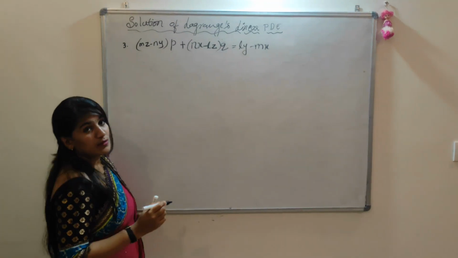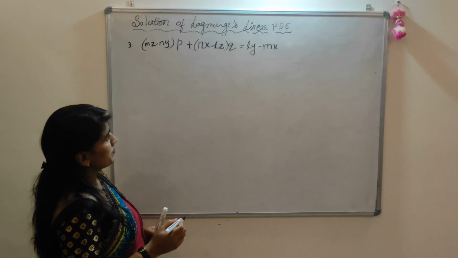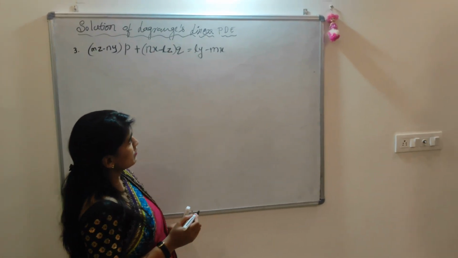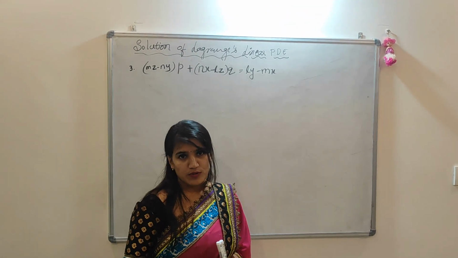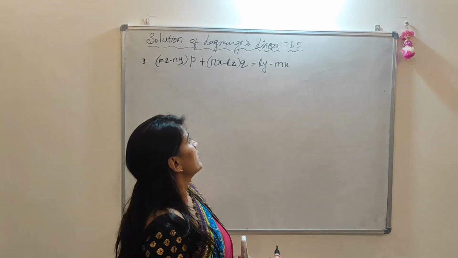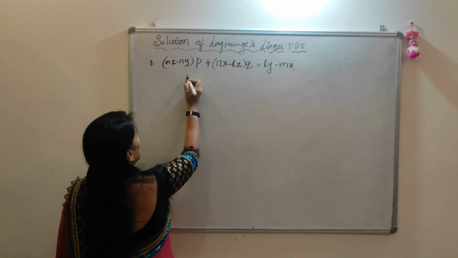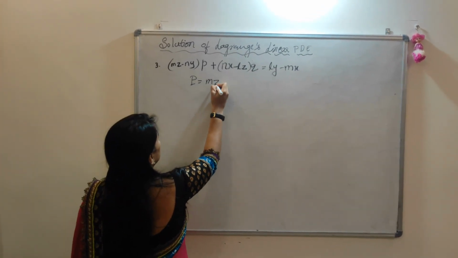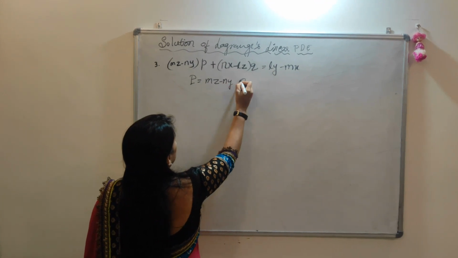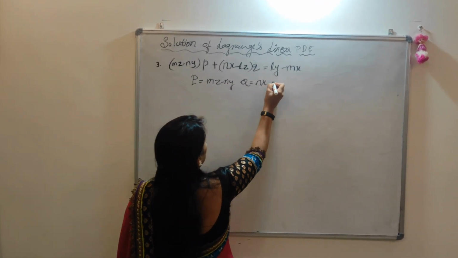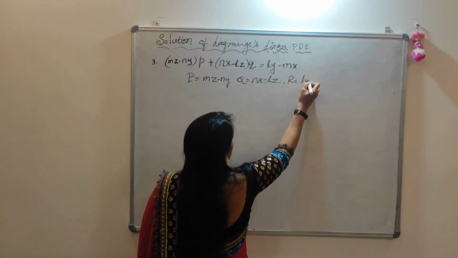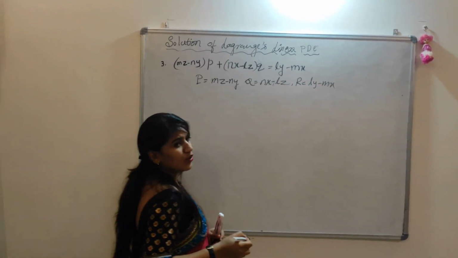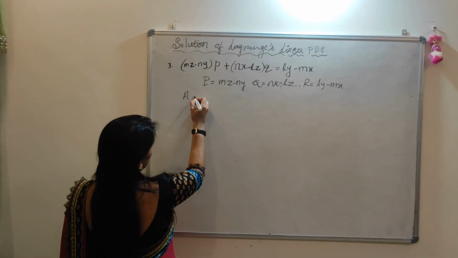In this problem, see the problem, (mz minus ny)p plus (nx minus lz)q is equal to ly minus mx. It is in standard form of Lagrange's linear PDE. So, capital P coefficient is mz minus ny, capital Q is nx minus lz, then R is ly minus mx. So, consider the auxiliary equations.